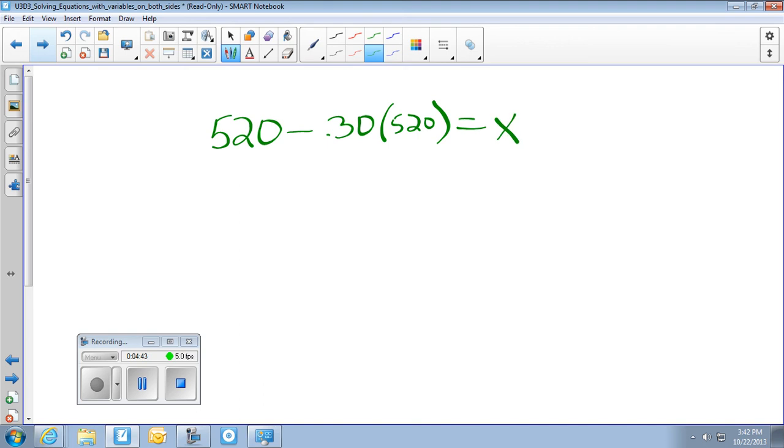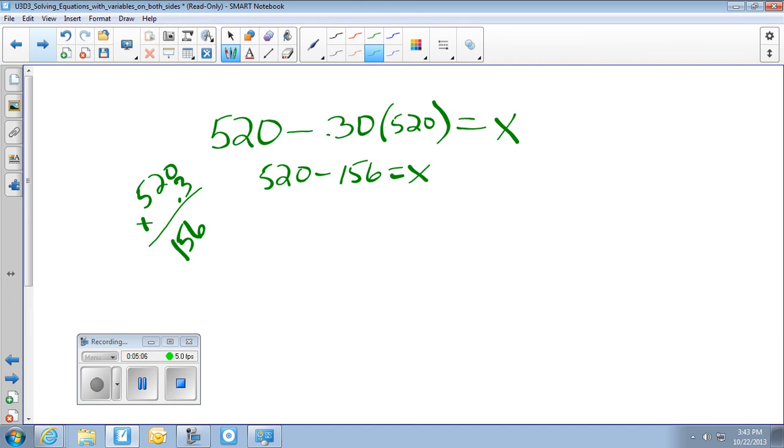So if I set it up this way, let's find out what 520 times 0.30 is. And I'm just going to do 0.3. And I believe that comes out to 156. So that's my discount. So if I do 520 minus 156, that should give me my sale price.